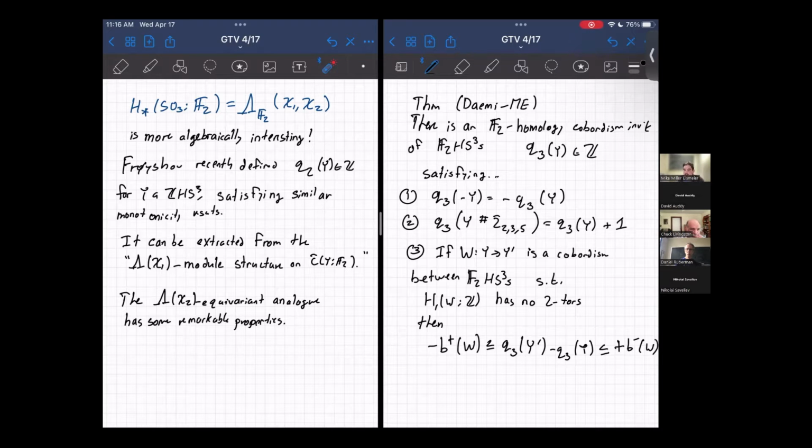It can increase by no more than B minus of the cobordism, and it can decrease by no more than B plus of the cobordism. For B plus or B minus equals 0, we recover the usual monotonicity in the case of definite cobordisms of the H invariant or the D invariant. But we manage to get something new even in the case of indefinite cobordisms, so long as you have this minor control on the first homology.